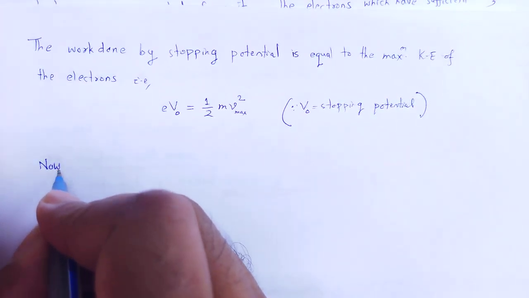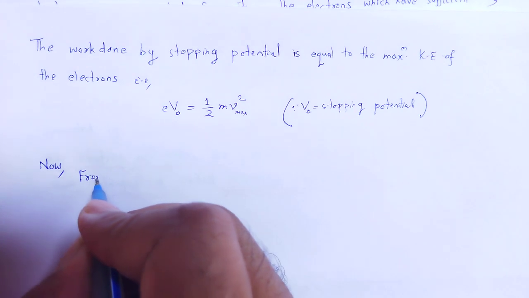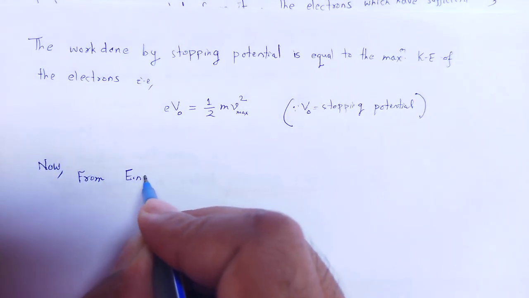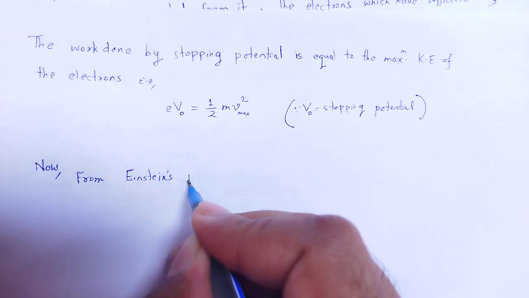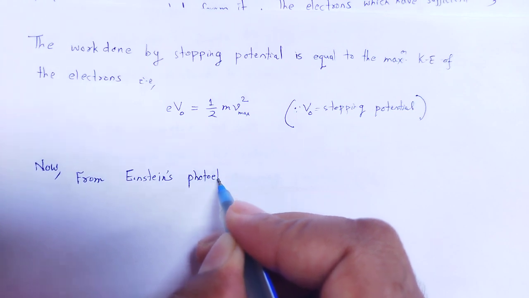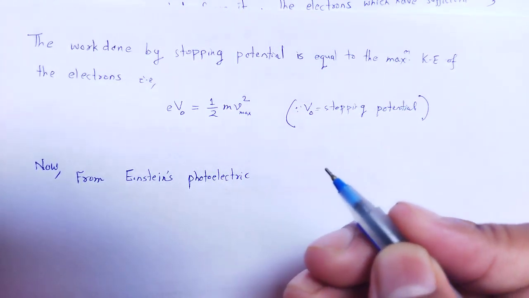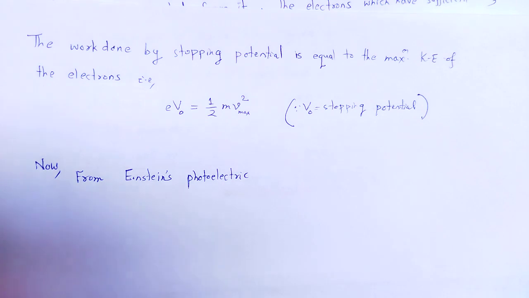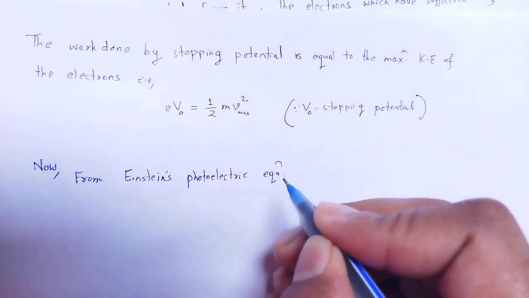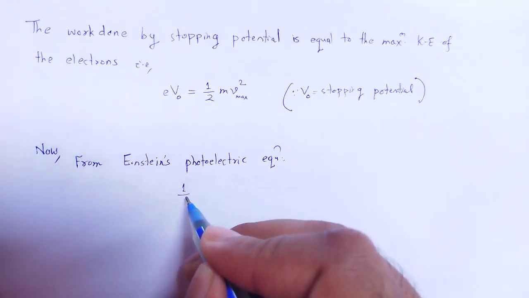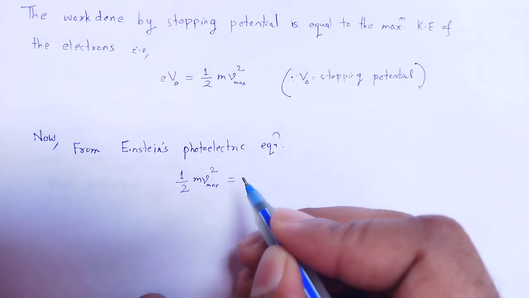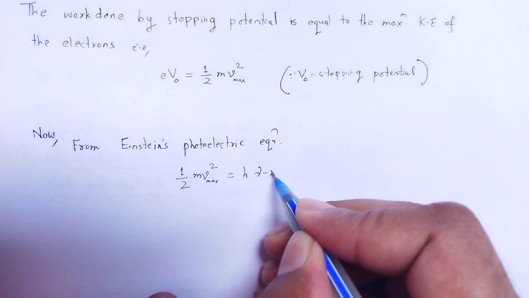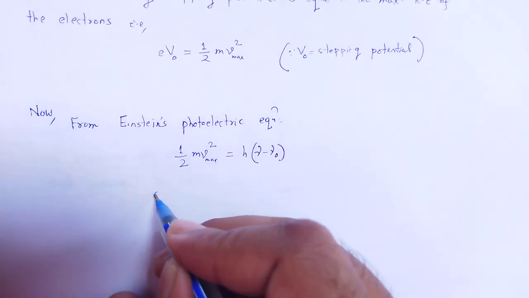Now, from Einstein's photoelectric equation, half m v max square is equal to h into nu minus nu naught.